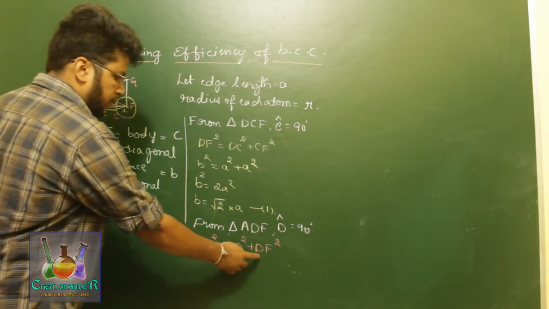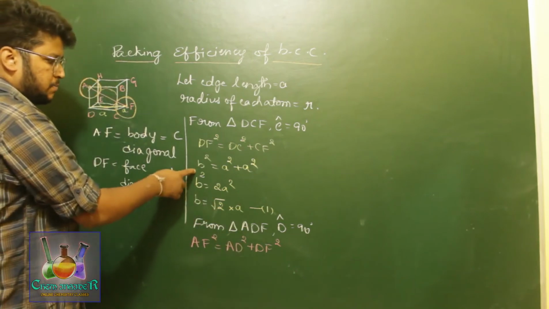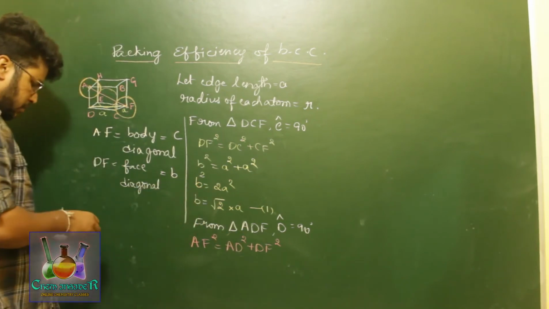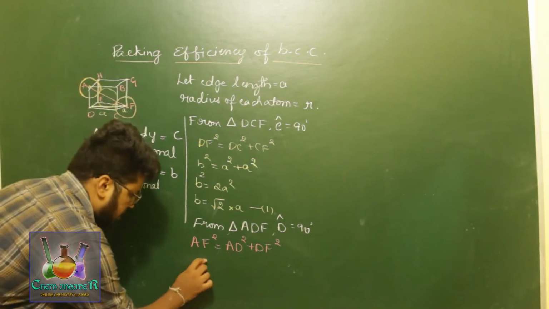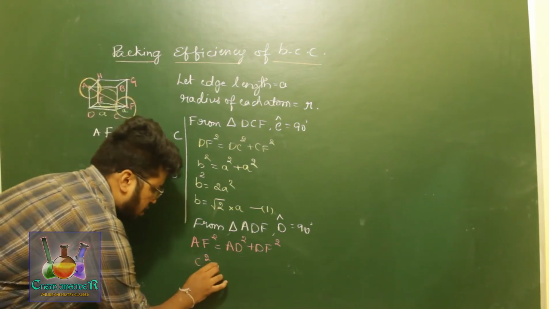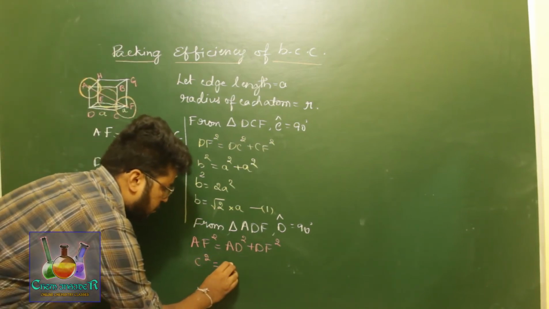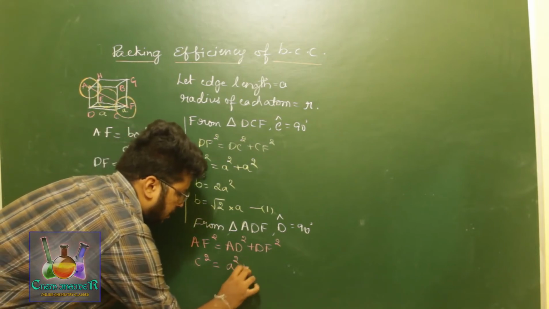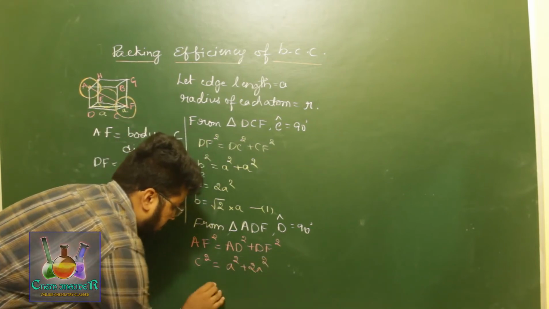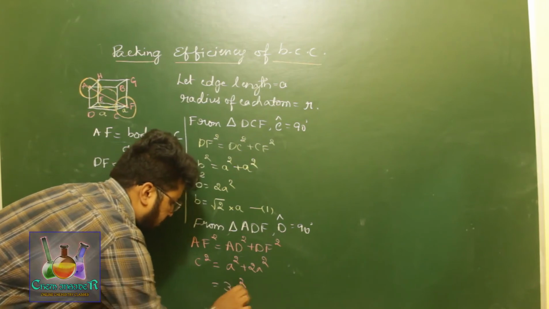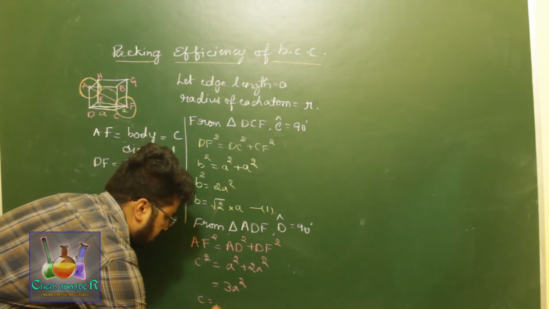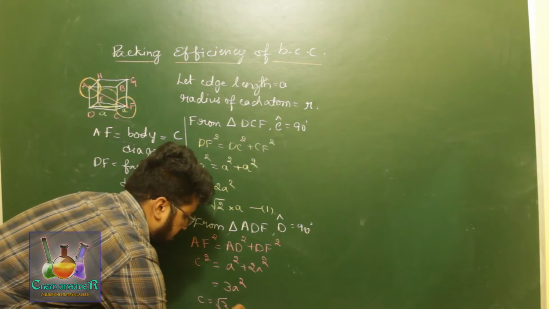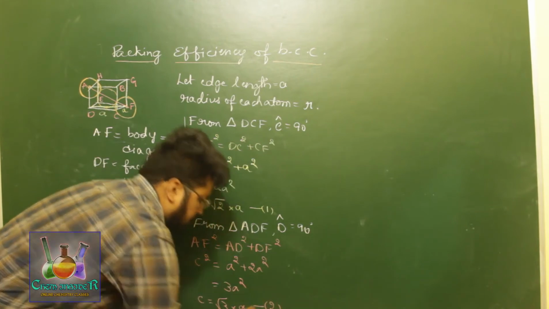As we know the value of DF, that is B square will be 2A square. Substituting those values, AF is equal to C, right? C square will be equal to A square plus 2A square, that gives us 3A square. Therefore our value of C will be square root of 3 into A. Let us consider this as equation 2.